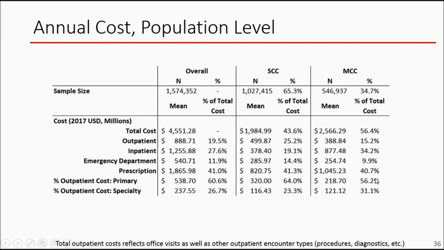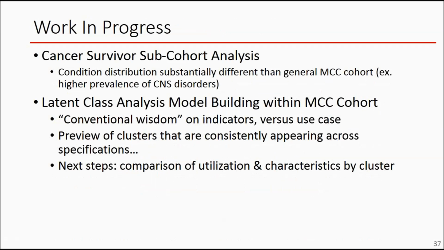Outpatient costs as a proportion of total costs are lower in the MCC group than they are in the SCC group. And as far as the distribution of outpatient costs by visits to primary care providers versus specialty providers, you can see a higher proportion of the spend in MCC comes from specialty providers.